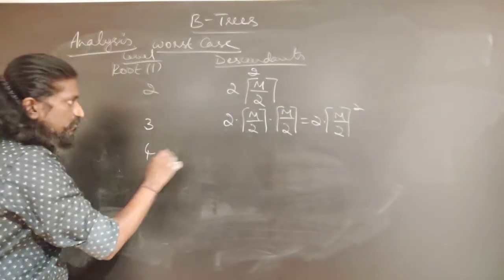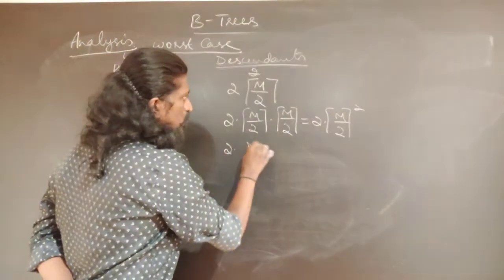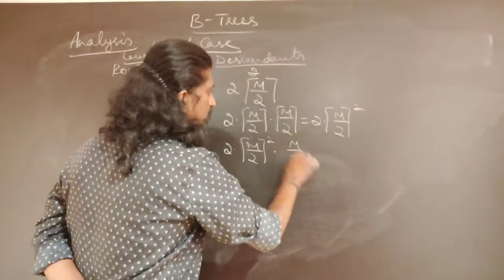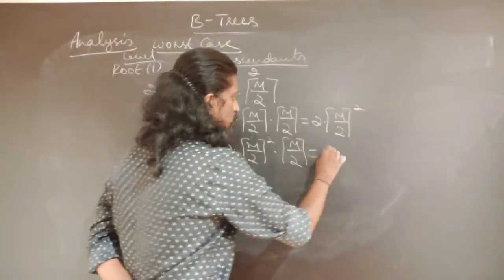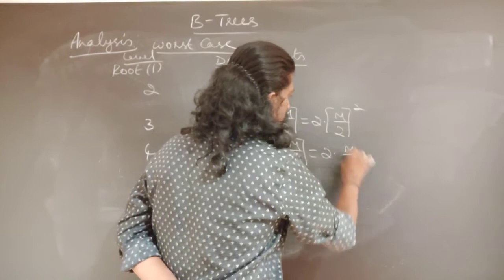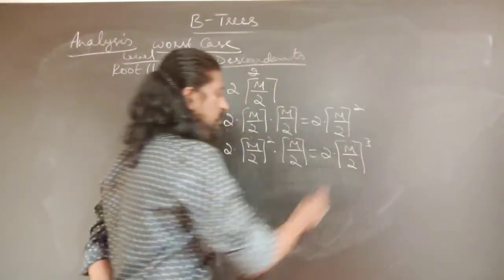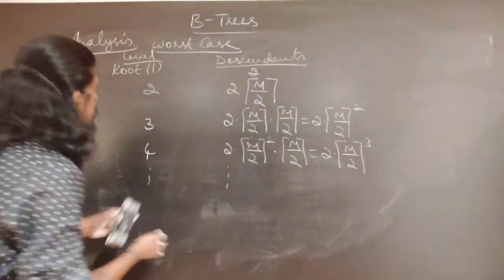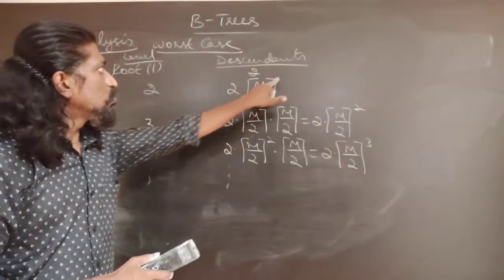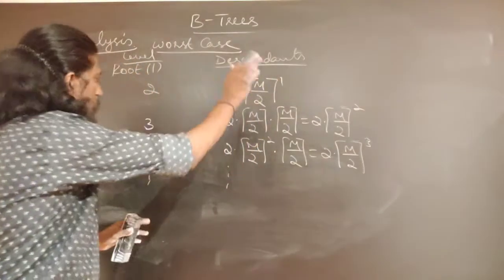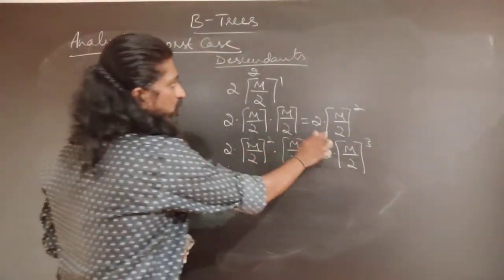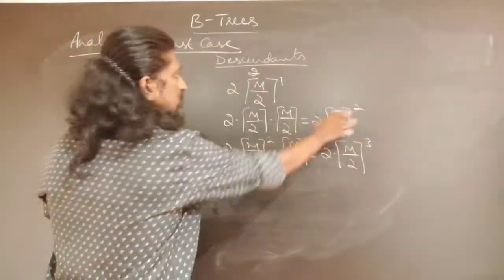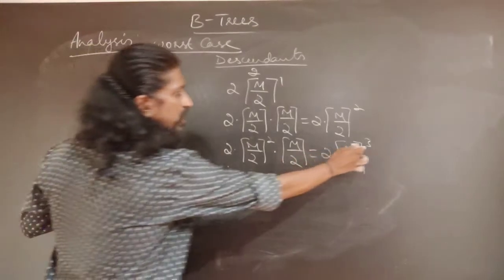At the 4th level, each of these 2 into m by 2 whole squared nodes will have m by 2 descendants each, so that is 2 into m by 2 whole to the power of 3. If we observe the pattern, at level 2 it is 2 into m by 2 to the power of 1, at level 3 it is 2 into m by 2 to the power of 2, and at level 4 it is to the power of 3, always 1 less than the level number.